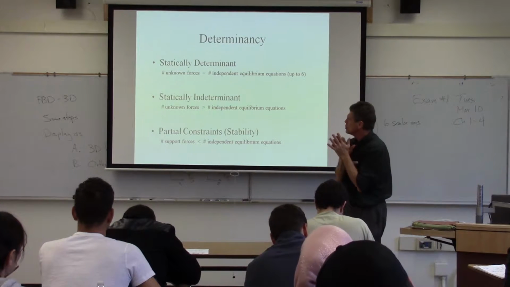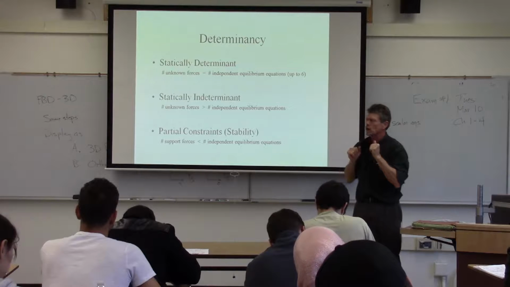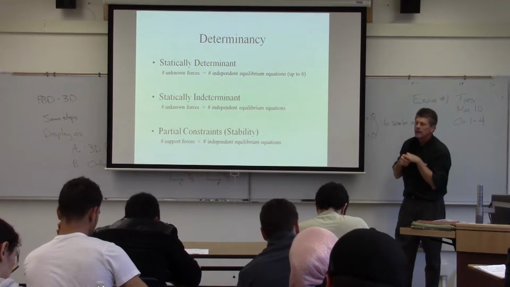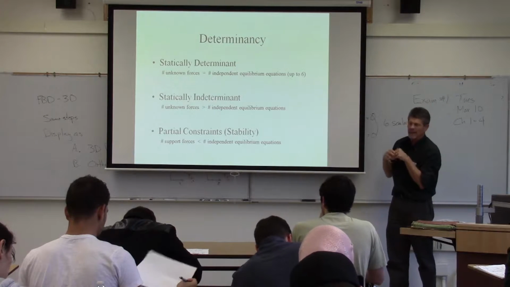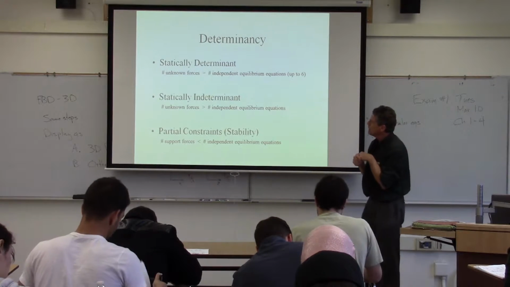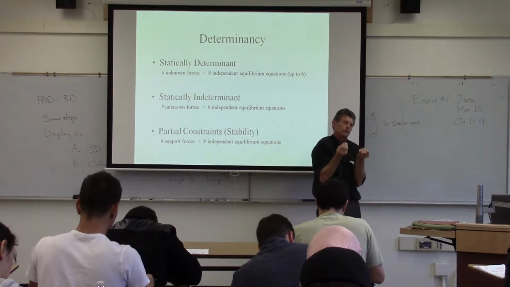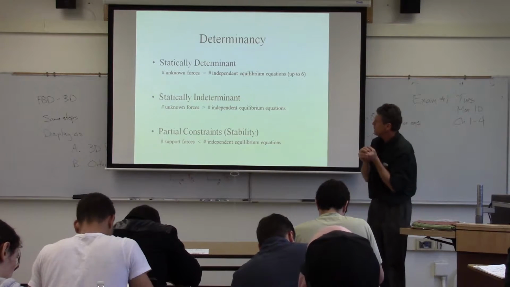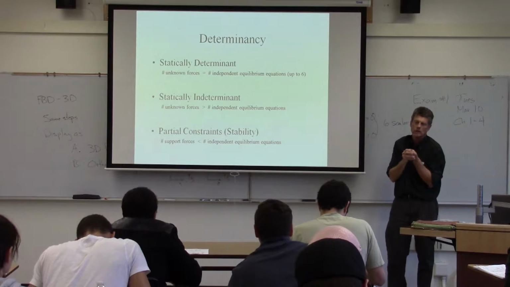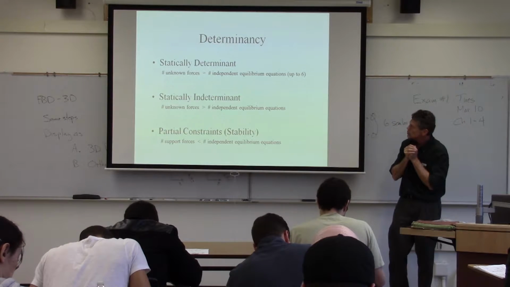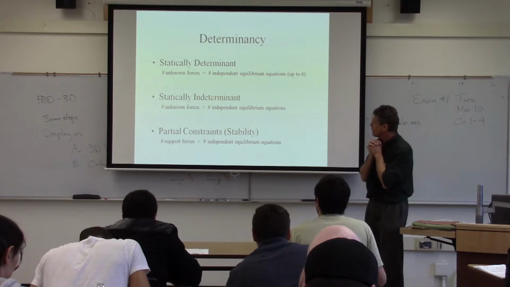So if we have the situation, say for example, the forces on the drive shaft, then we have 5 unknown forces and we have 5 equations. We can go ahead and solve for everything on that particular thing. Statically indeterminate basically means that we can't solve for all of the forces. That means we've got more unknown forces than we have equations available. And we might see that a lot of times in certain situations depending on our free body diagram choice.